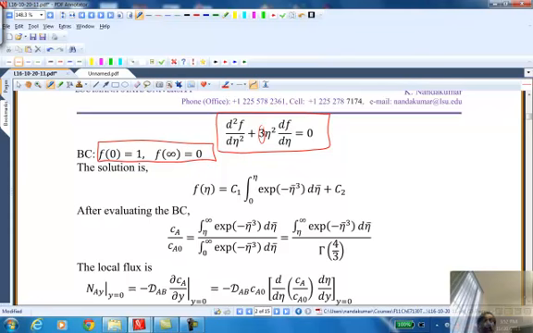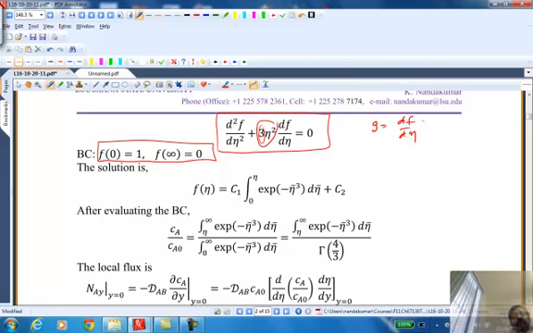So the next question is, how do I solve this second order ordinary differential equation? It is a variable coefficient equation, meaning one of the terms that multiplies here is dependent on the independent variable eta squared itself. Okay, but it's fairly easy if you let g equal, for example, df d eta.